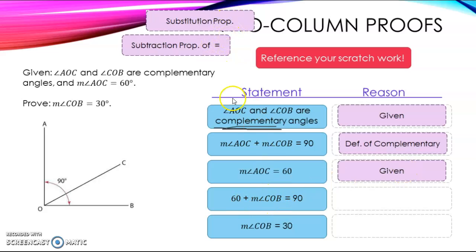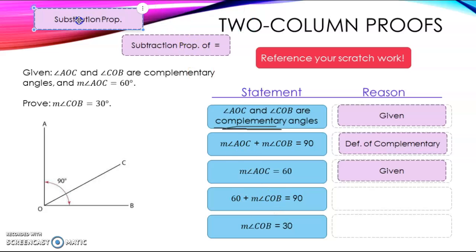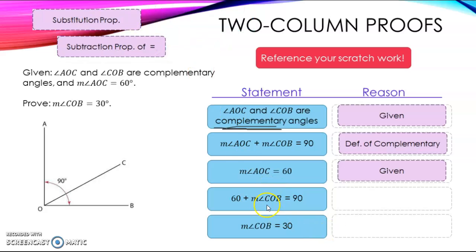Then I want to look at this next equation here. We only have two options left, so it should be easier to decide which one would go next. So how did they get this equation right here? They got 60 plus COB is equal to 90. Well, they're grabbing from these two steps above it. They're replacing AOC with the number 60 because we said in step 3 that AOC is equal to 60. So which of these options is the reason?